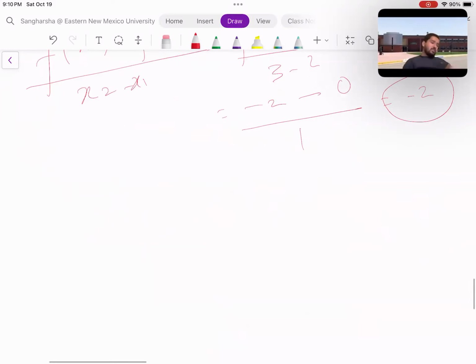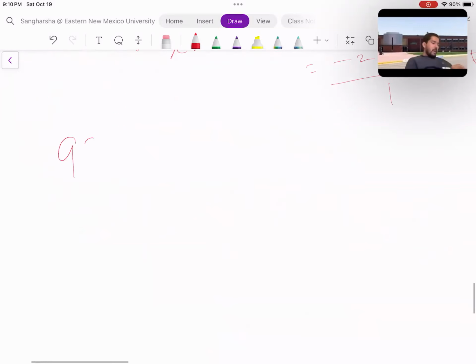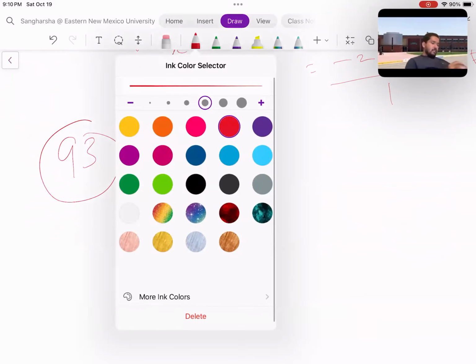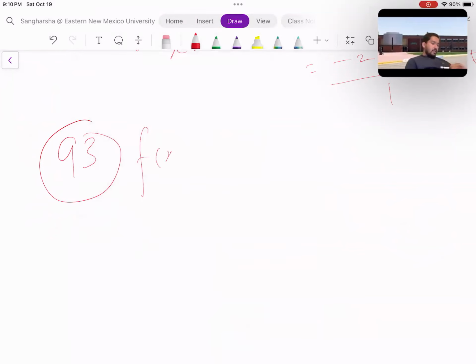Okay, let me do this one. For 93, our f of x is given as 4x squared plus 1. G of x is equal to x plus 1.